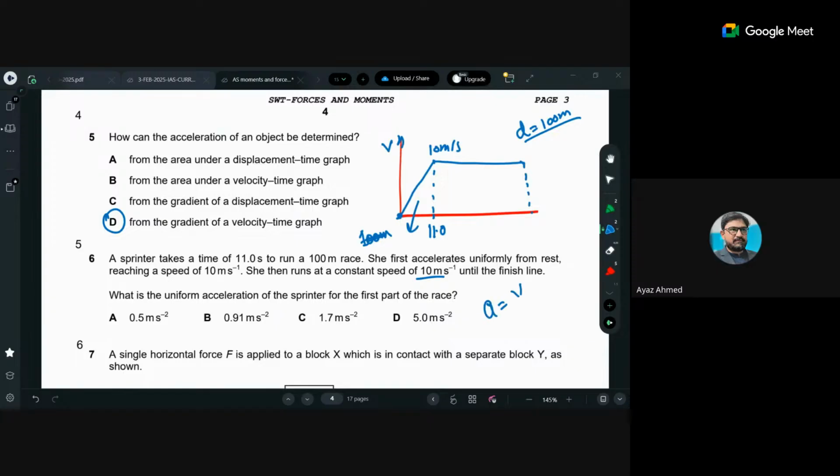Acceleration is equal to v minus u divided by t. So v is 10, u is 0, and time is 11 seconds. So can you please calculate this for me? It seems that this is a very easy question, but the information is very blind. Yes, yes, yes. Hurry up.